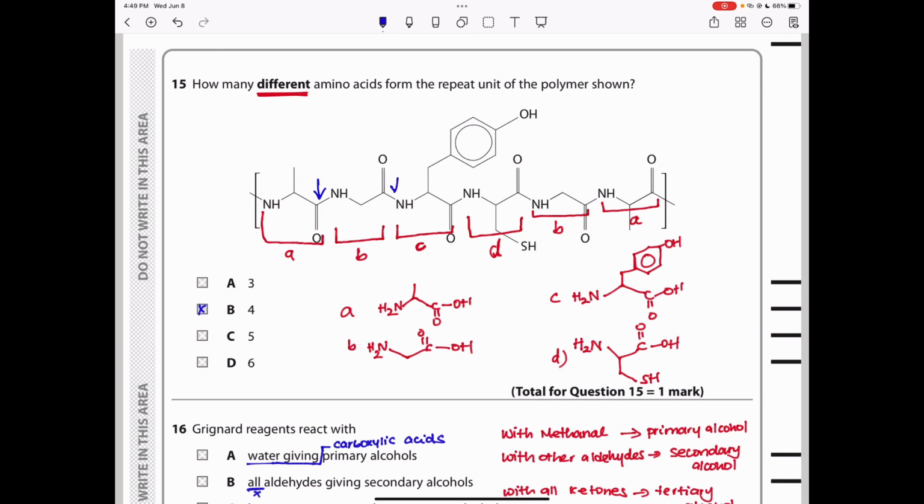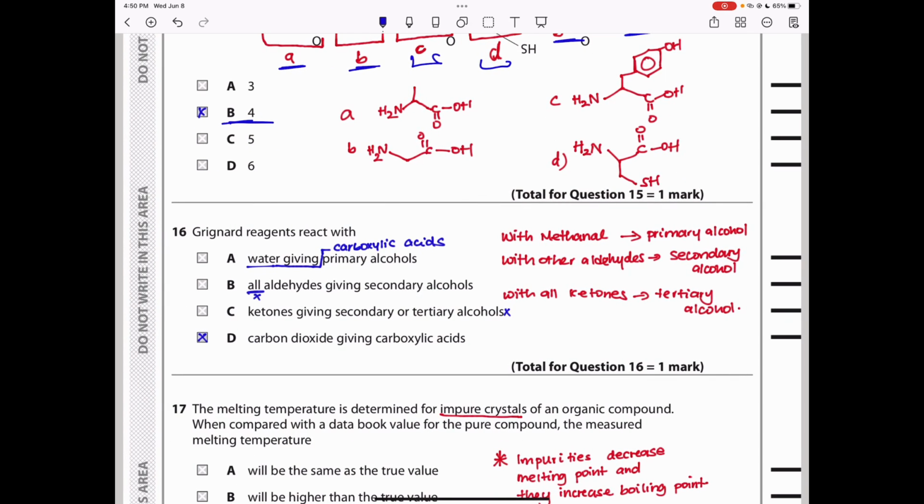There is another connection here, another there, another here, and another there. So we have 6 amino acids. However, we have to know if they are different or similar. I observed that this amino acid is similar to that, and that amino acid is similar to this, yet this and that are different. So we have 4 different amino acids. The answer here is going to be B.